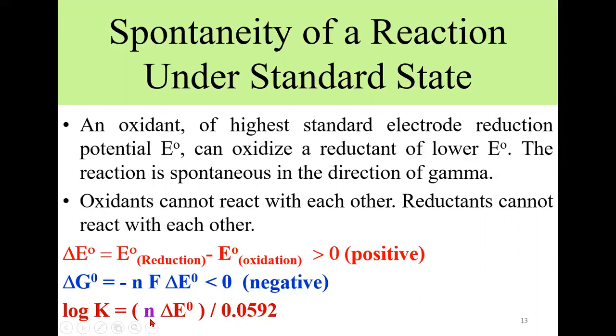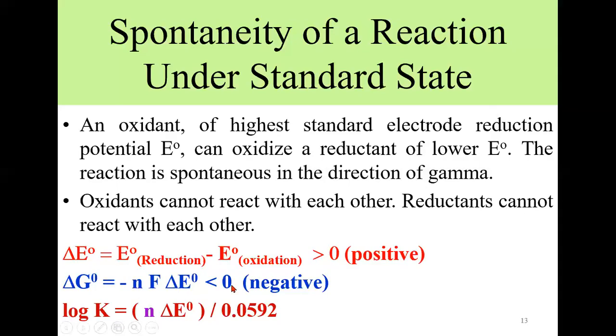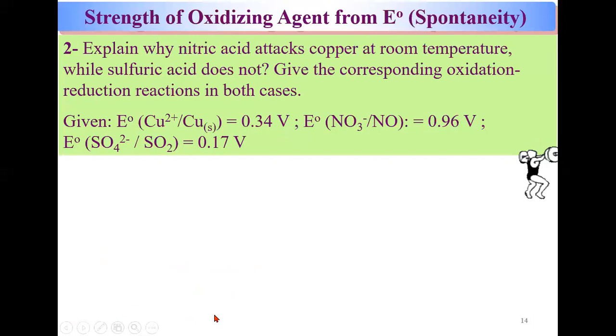Sometimes you find it in the form of n1, n2, or n times n prime, where each n is for different couples of a reaction. I like to always see it in the form of just n, the total number of electrons transferred with the oxidant and the reductant. Those are the only equations you'll really need.